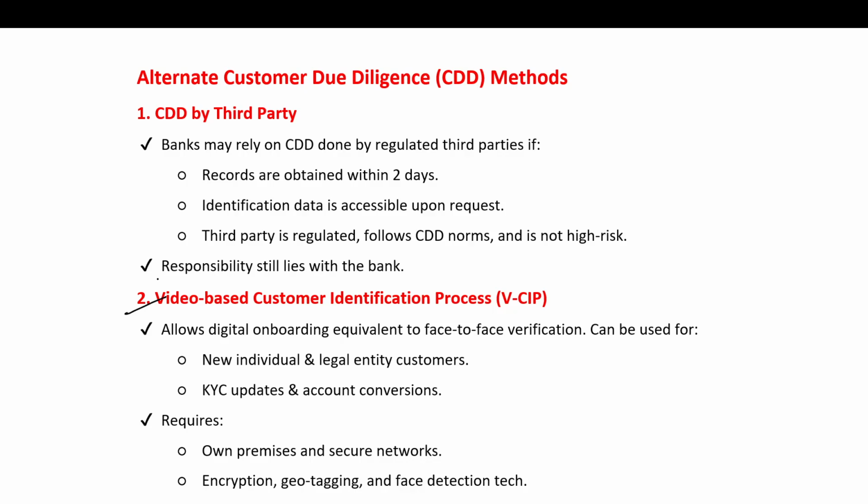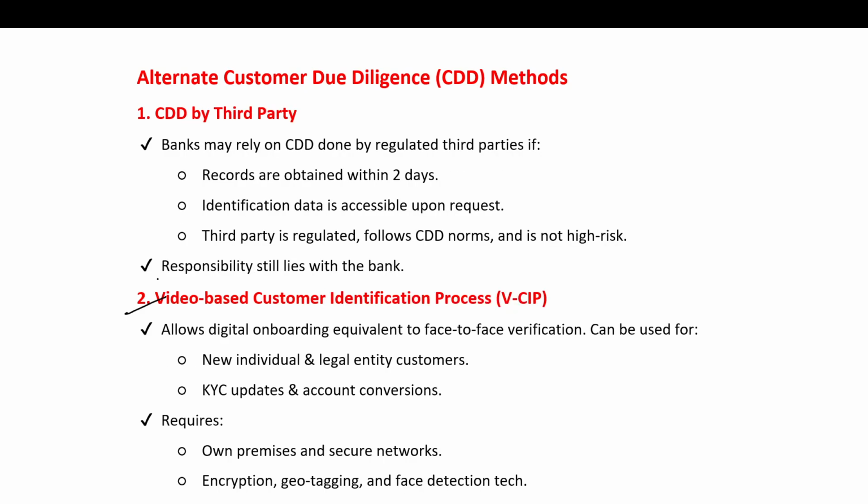Again, some infrastructure is required, like the bank must use its own secured systems and networks. Bank data and video should be encrypted and stored in India. The video should include geolocation, GPS, and time stamping. Face detection and matching technology should be available, and there's no video call from outside India.